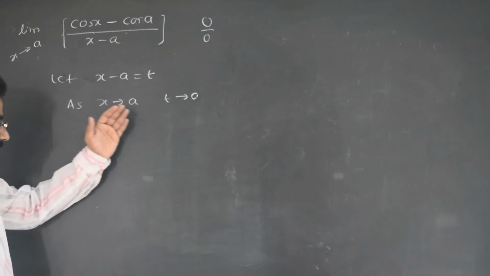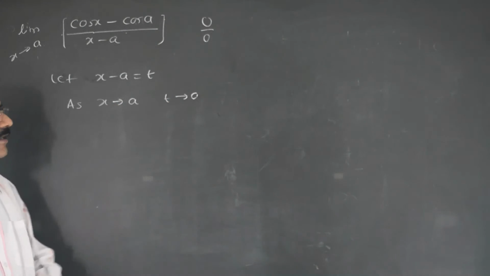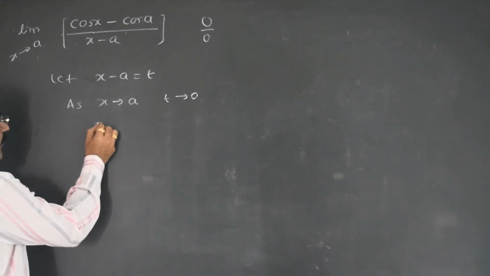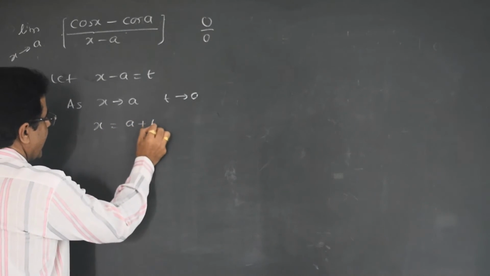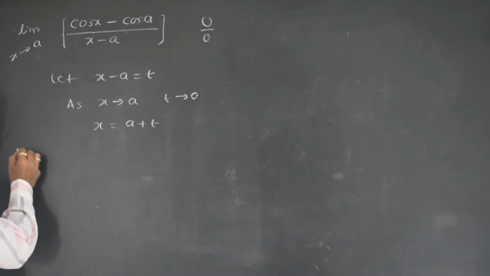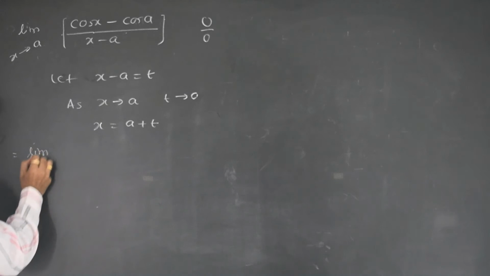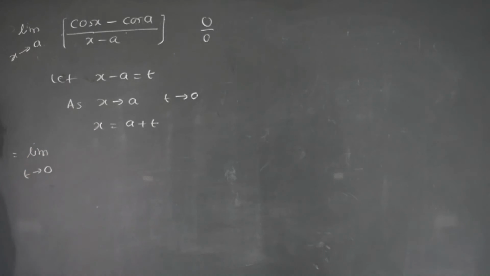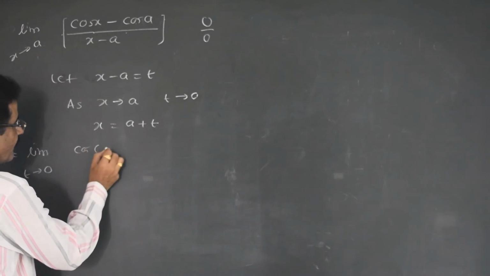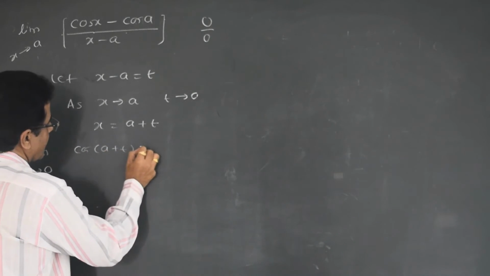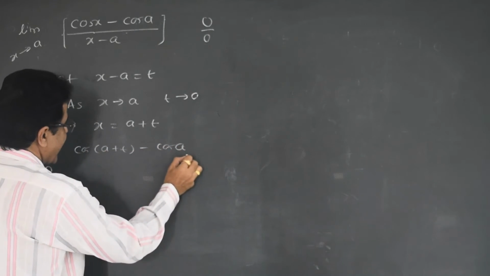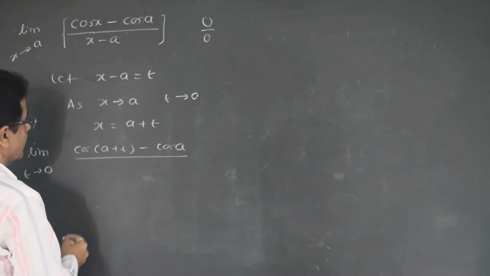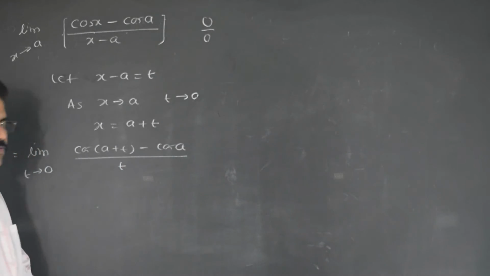So we get x equal to a plus t. We can substitute in this equation: limit as t tends to 0, cos of (a plus t) minus cos of a as it is, since it's a constant term, and the denominator is now t.